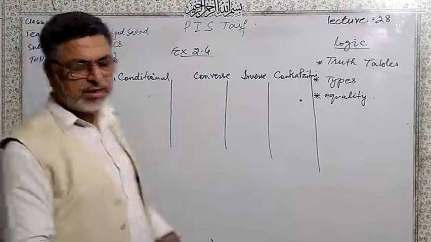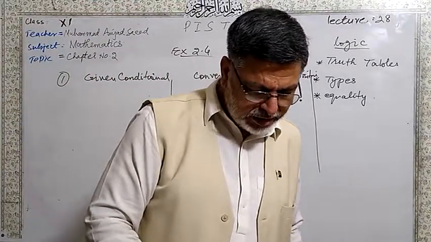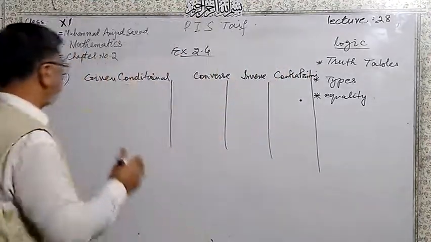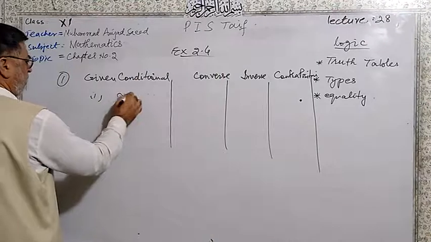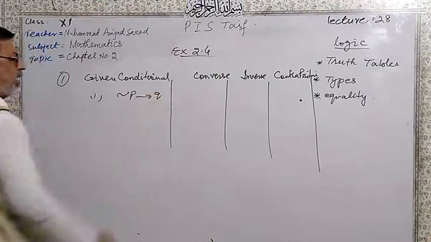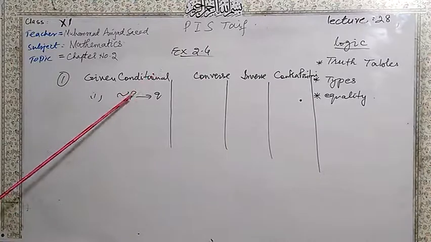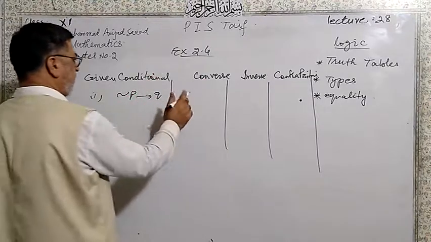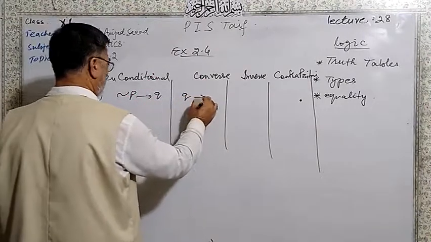Suppose the given conditional is not P to Q. I told you about converse that you have to simply reverse this: Q to not P.